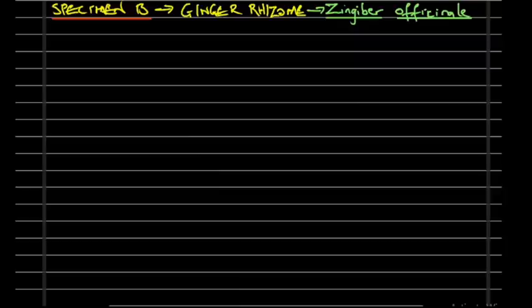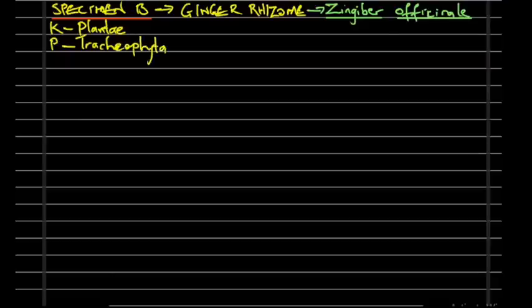First and foremost, it is a flowering plant. Yes, but before we go to that, let me quickly talk about its classification. So looking at its classification, the kingdom is Plantae. The phylum is Tracheophyta. It is a tracheophyte as well. Then the class is Liliopsida.